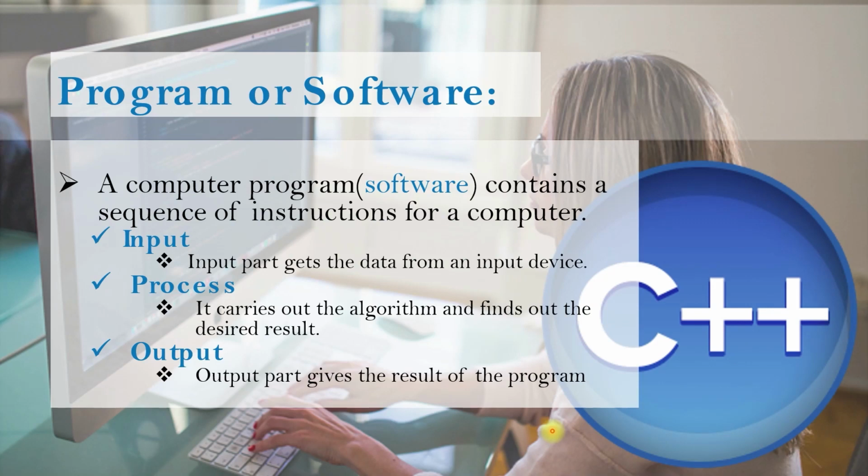Look, a software is a bunch of instructions, a sequence of instructions for a computer. It means that bunch of instructions is used to instruct the computer, to command the computer.